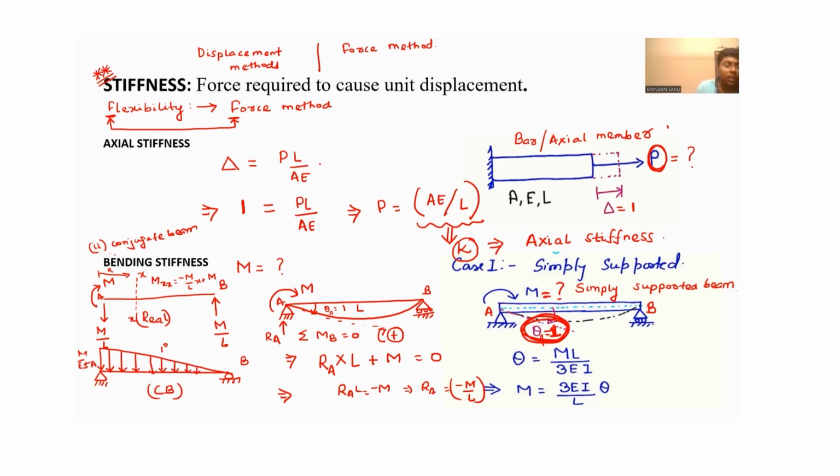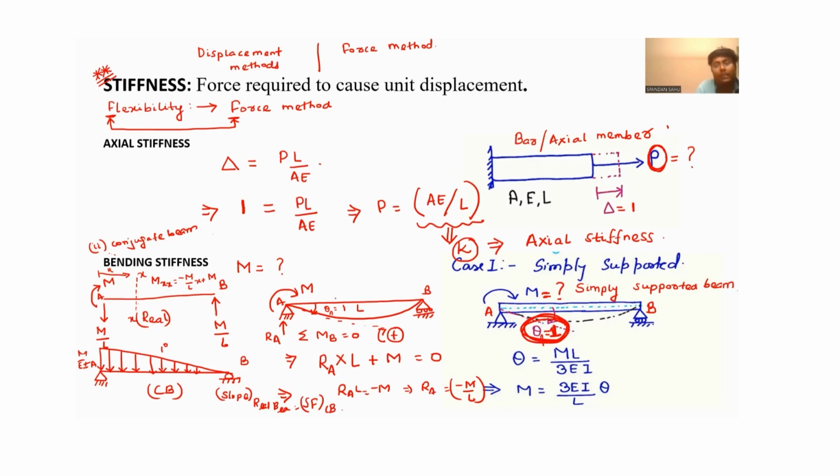Now you got the conjugate beam. Now what are the relations between the real beam and conjugate beam? We know the slope at any given point in the real beam will be equal to the shear force of the conjugate beam.